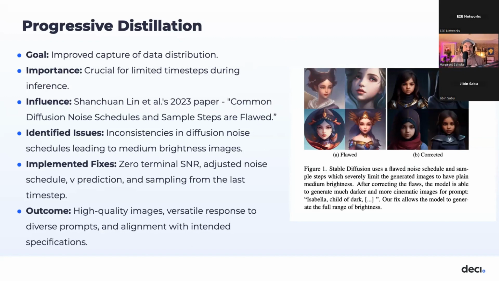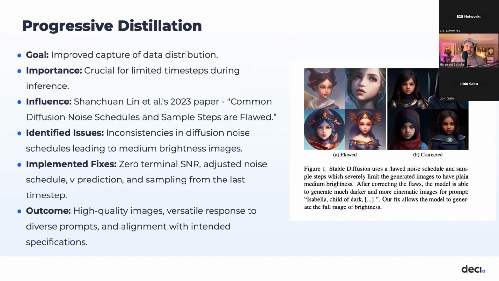So if we're able to accurately capture the data distribution, it becomes really critical when you are wanting to be in an inference regime with few time steps, right? So this is going to be critical for that part. So our optimization was influenced by the findings of Sanchuan Lin et al.